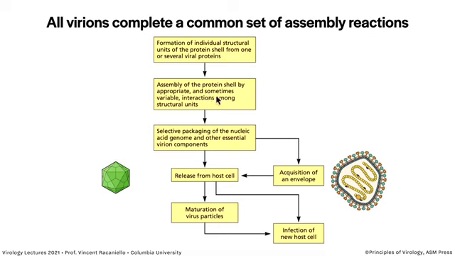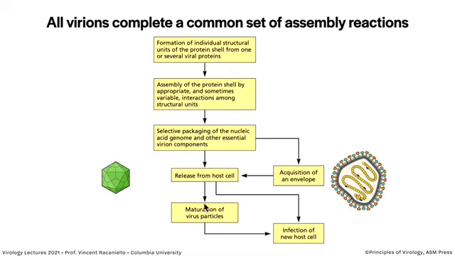When we're talking about an icosahedral particle, we make a shell, of course. At some point, we have to package the nucleic acid genome into the particle. And that would involve also making sure the genome is bound with whatever proteins it's destined to become bound with, like the nucleoproteins. And at that point, many viruses are finished and they are released from the host cell.